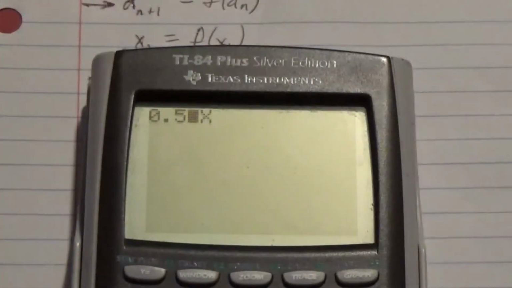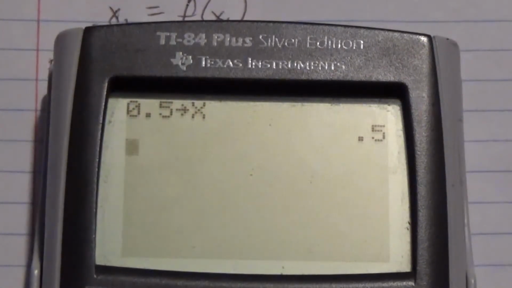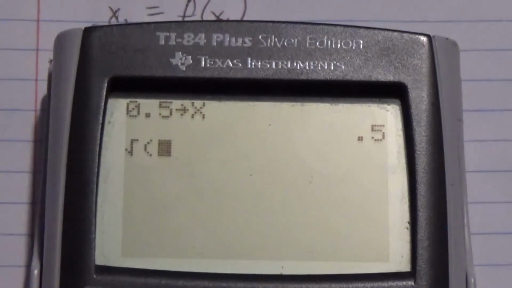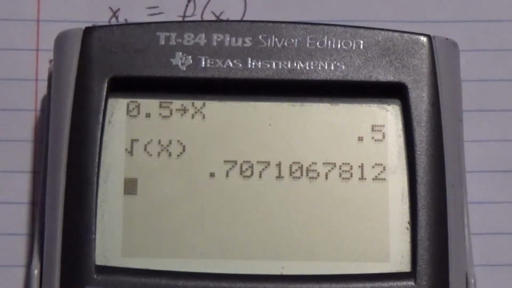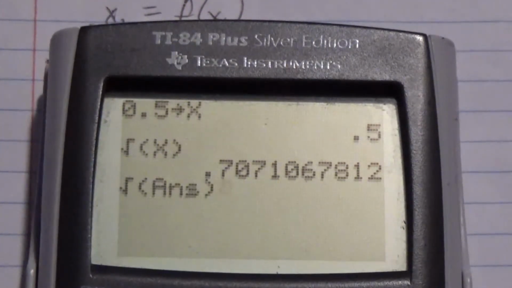So with a calculator, let's start with 0.5, for instance, as an arbitrary starting value, and then take the square root of that. So what is the square root of x? Something like 0.7071, that's actually equal to about root 2 over 2. But basically, what we can do is repeatedly take the square root of our answer.